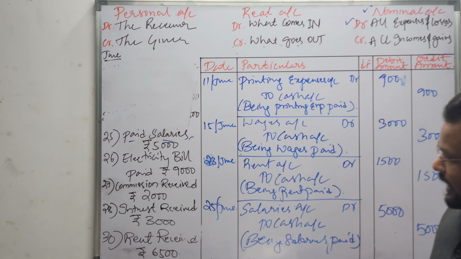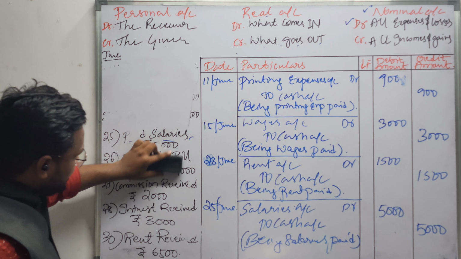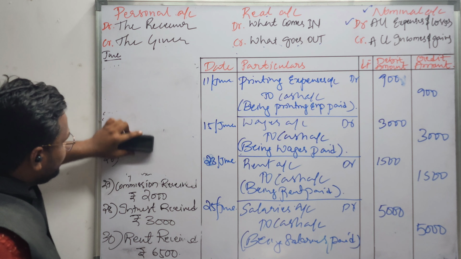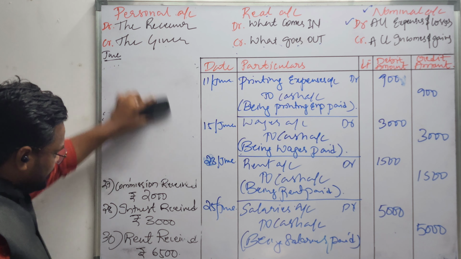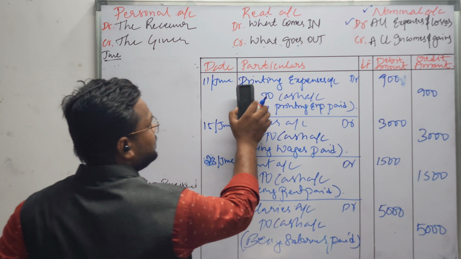So this is how you need to record the expenditures. Now, along with this, I have some incomes also. I have taken 3 incomes. So I'll rub this first.